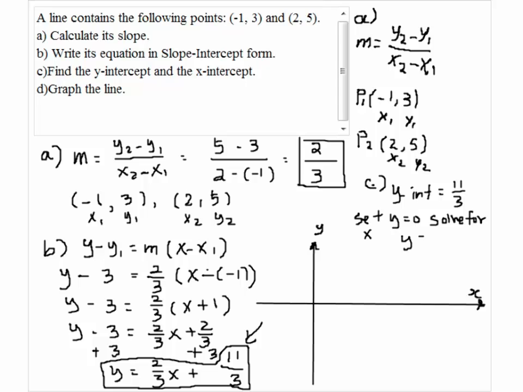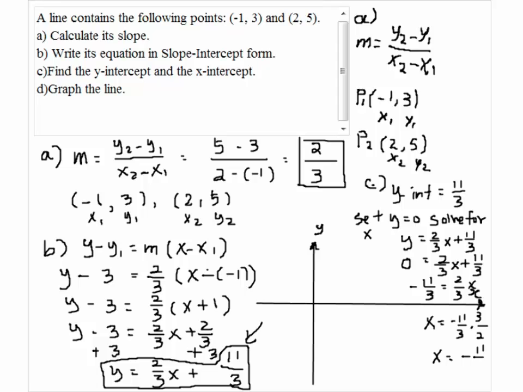So we have y equals 2/3 x plus 11/3. By plugging in 0 for y, we have 0 equals 2/3 x plus 11/3. So -11/3 equals 2/3 x. By dividing both sides by 2/3, we have x equals -11/3 times 3/2. So the answer is x equals negative 11/2.